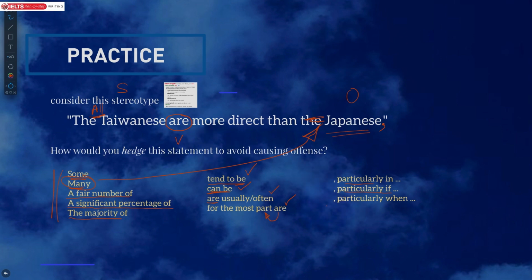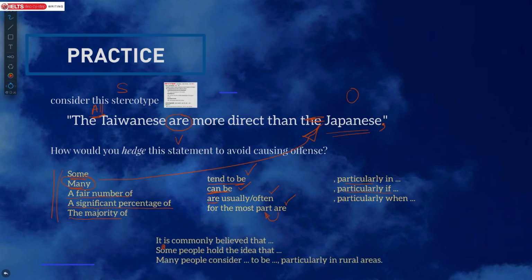All right, and one more thing you could possibly do is, let's move that out of the way, expressing it that somebody else says this, but you don't necessarily agree, but that's what you heard. That's what you believe other people also think. And the common ones are like this.